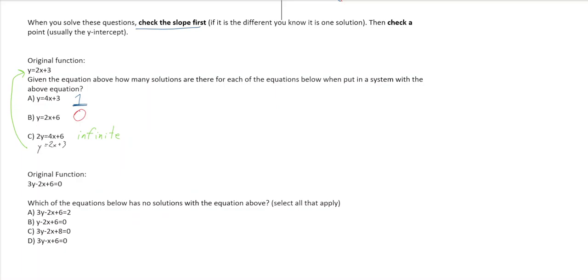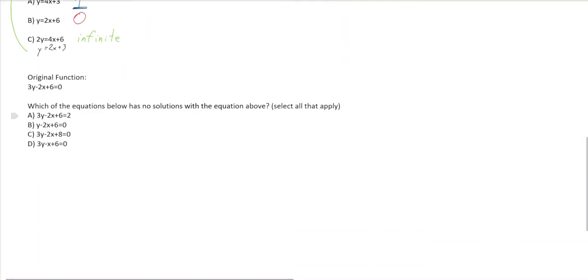Okay, now let's take a look at the second question here. So we're given an original function, and which of the equations below has no solutions with the equation above? Select all that apply. So we want ones that have no solutions.